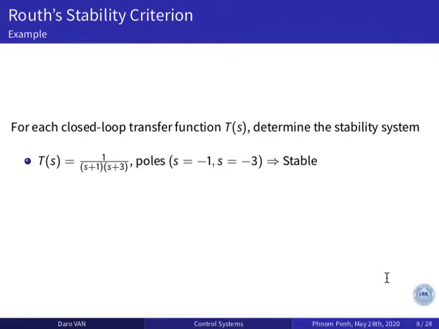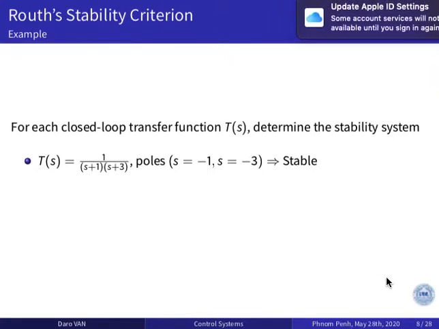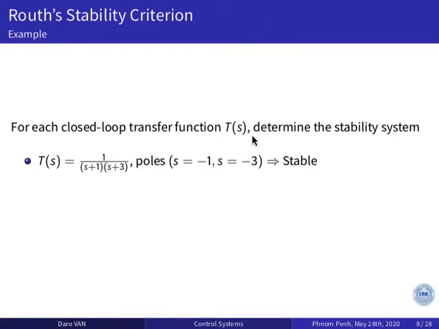Alright, let's have an example. For a closed loop transfer function T(s), we can determine the stability of the system. For example, if the closed loop transfer function is represented like this, you can solve the polynomial of the denominator, equate it to 0, and find s.